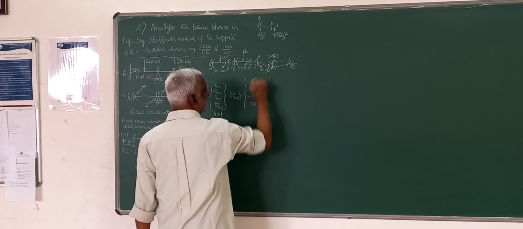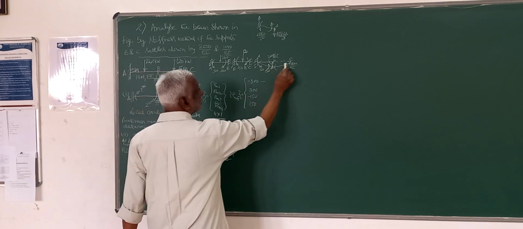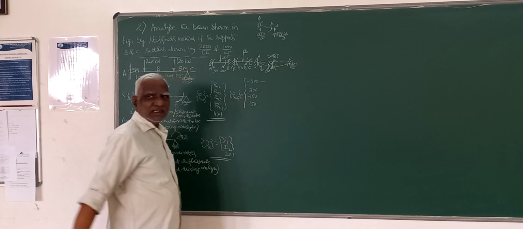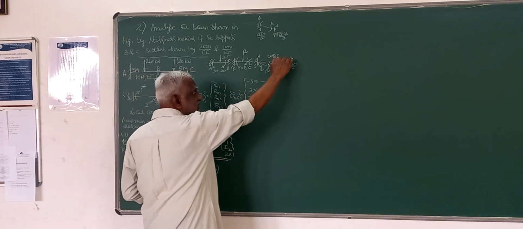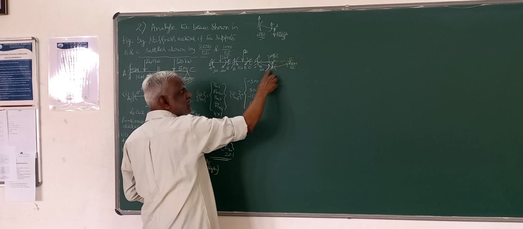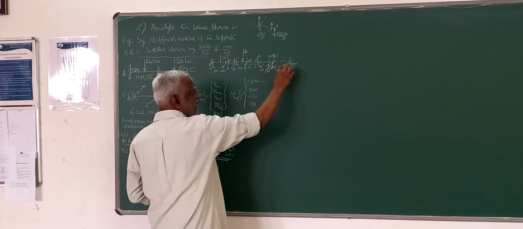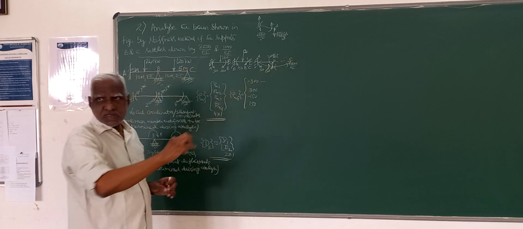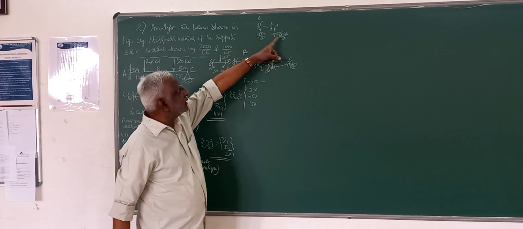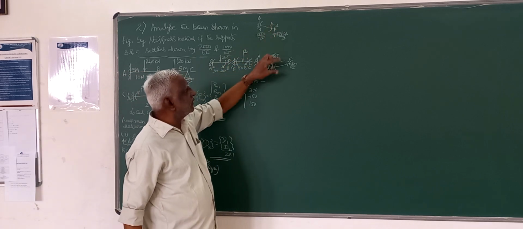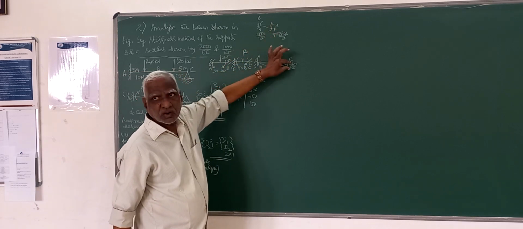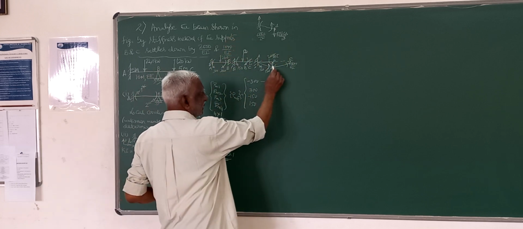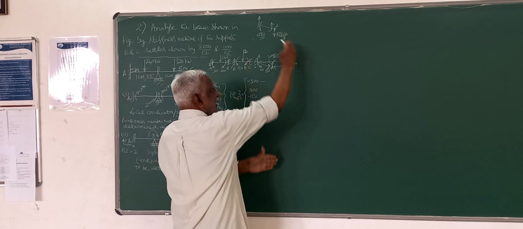Now coming to member BC, it has settled down by 1000 by EI, because C settles down by 1000 and B settles down by 2000, so the net displacement between B and C is 1000. So here the delta value will be 1000 by EI for BC.